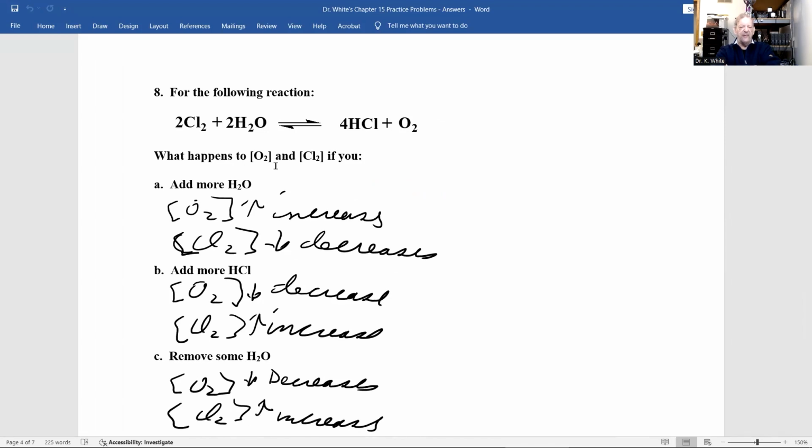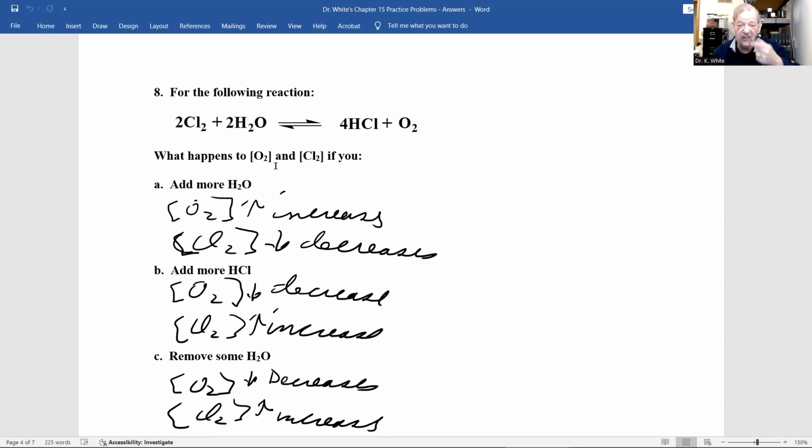Now, at equilibrium, there's a certain amount of Cl2, water, HCl, and O2. So if you add more water, there was a certain amount, and now there's too much. How do you get rid of that stress to bring it down? Water has to be consumed. Think about it.